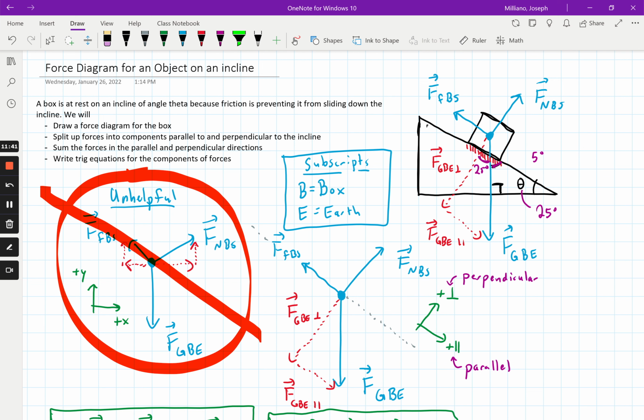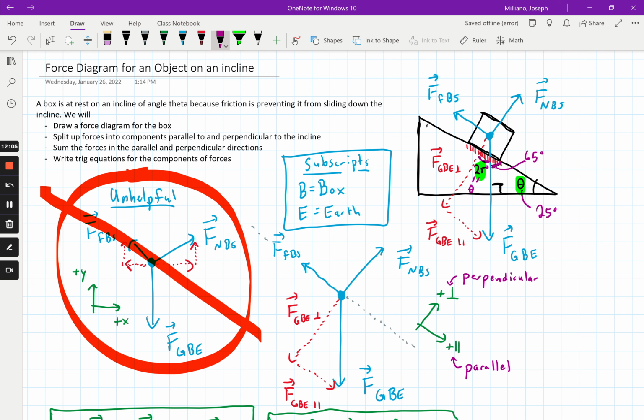Now, there was nothing special about the number 25 besides I chose it for our argument here. And what that really means is the angle here that we just drew must be equivalent to the angle theta of the incline, regardless of what the angle of incline actually is. And so this angle here must be theta for any theta.